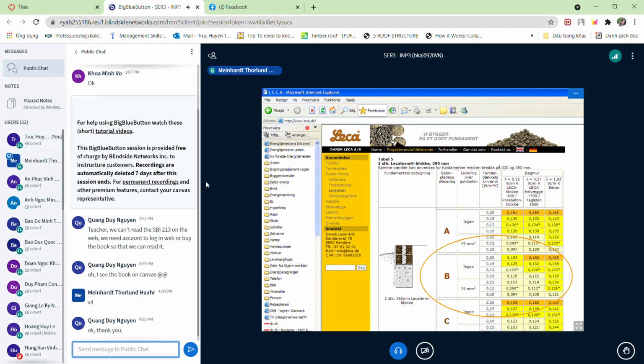If you go to their website, they will choose some kind of presentation of how the foundation is done, and then you can see what the U value will be. Some of this information I already put in the links or PDFs on Canvas.